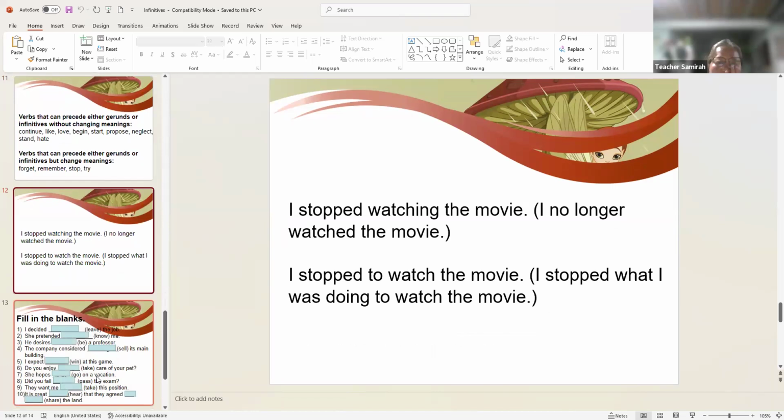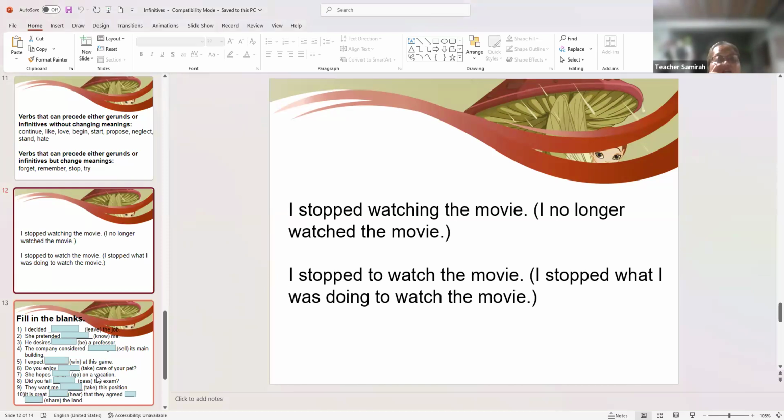I stopped watching the movie. So I no longer watch the movie. And then, I stopped to watch the movie. I stopped what I was doing to watch the movie. So these are the cases in which it can change its meaning.